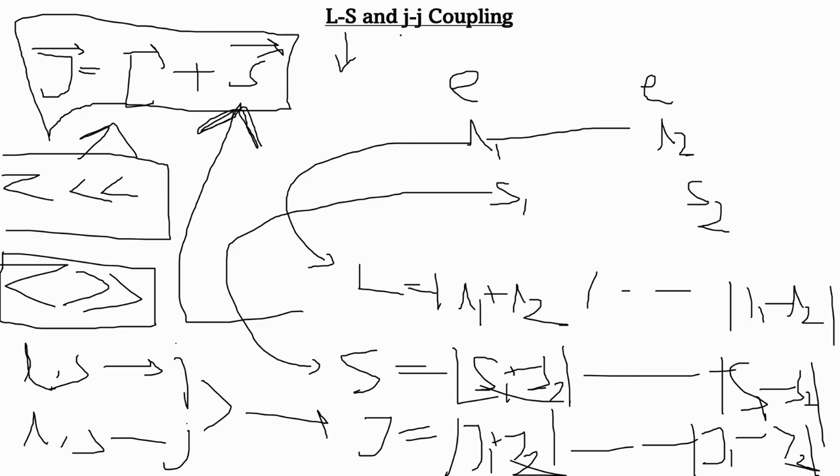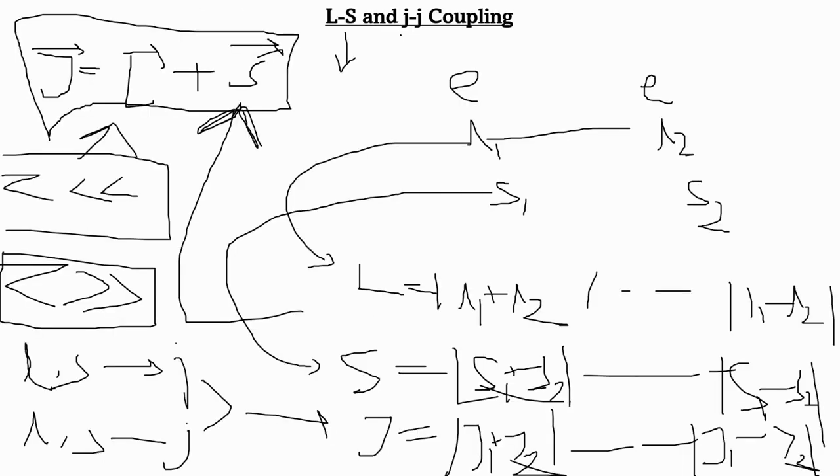So in case of JJ coupling, the orbital and spin angular momentum are coupled due to the spin orbit interaction to form the total angular momentum quantum number, and this gives rise to the JJ coupling and the different spectral terms.